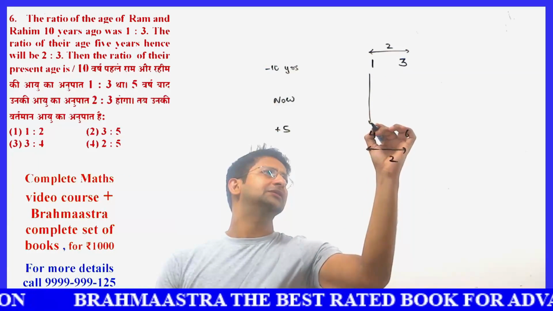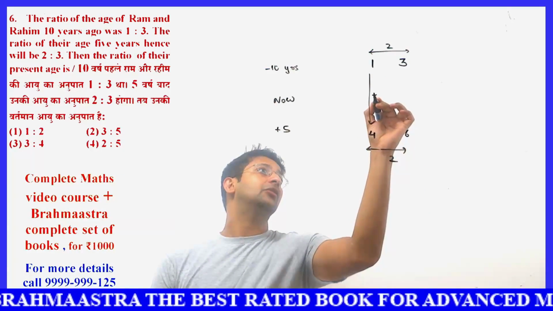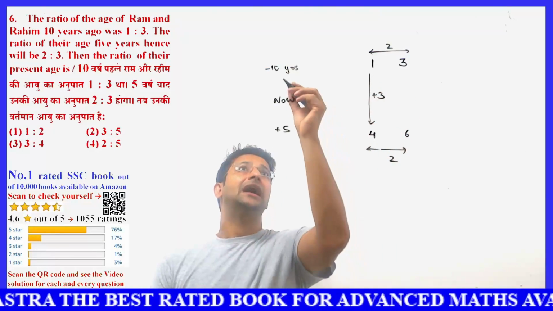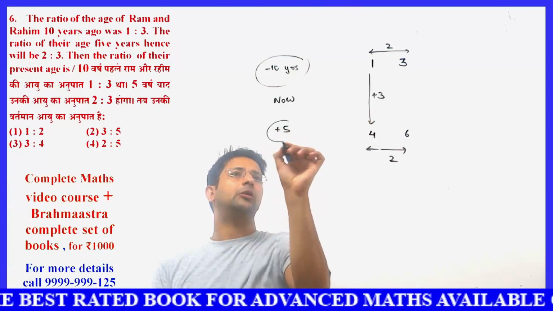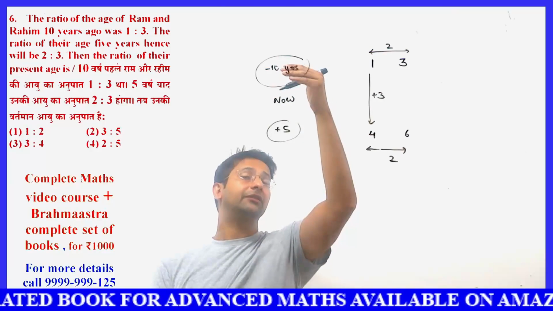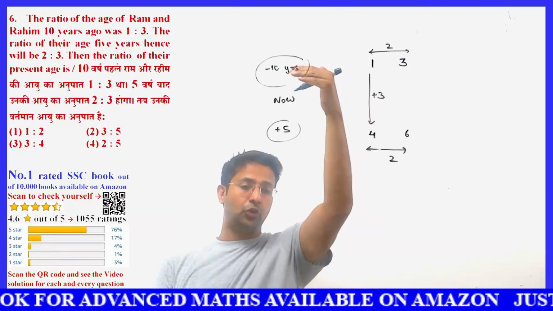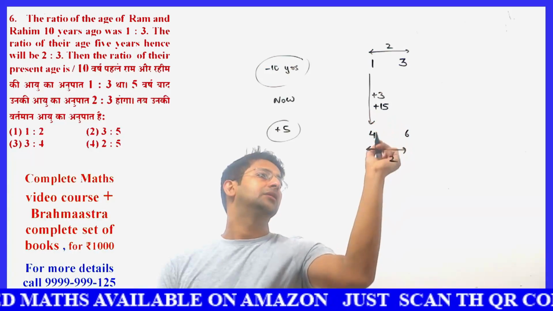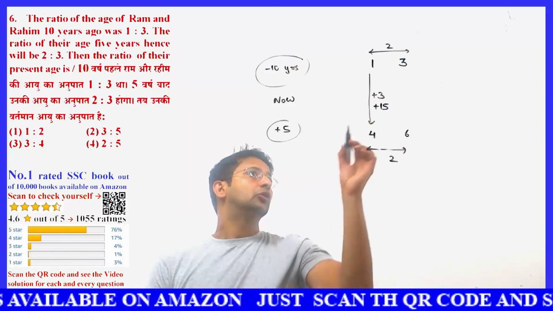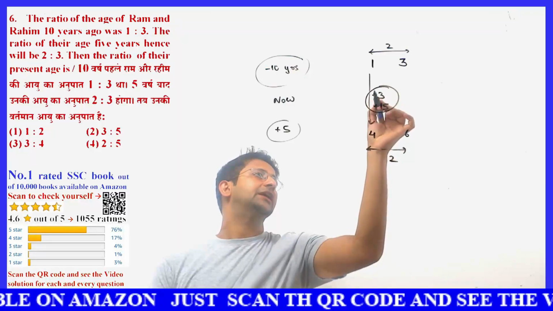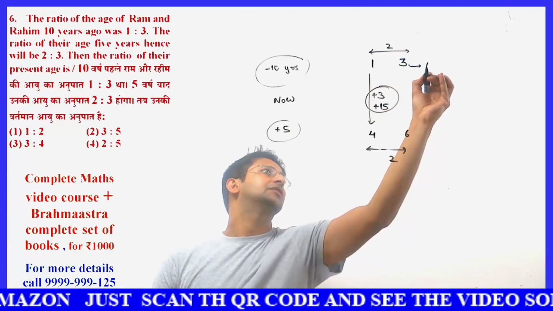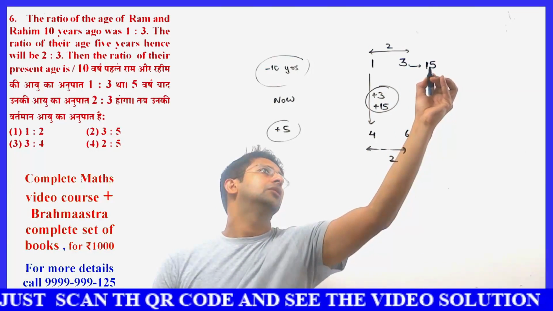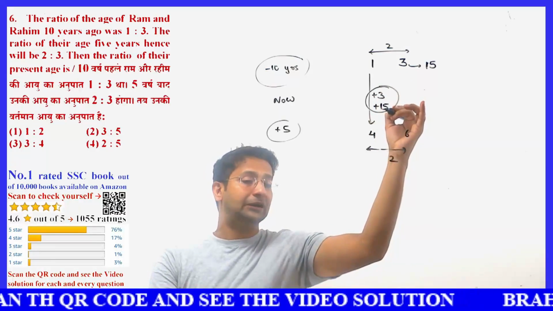So this is how much? This increment is of plus 3 parts, and this plus 3 parts is equal to how much? Minus 10 plus 5. That will be like 10 years ago, and 5 years from now will be 15 years. So plus 3 corresponds to 15 years. 3 parts correspond to 15.